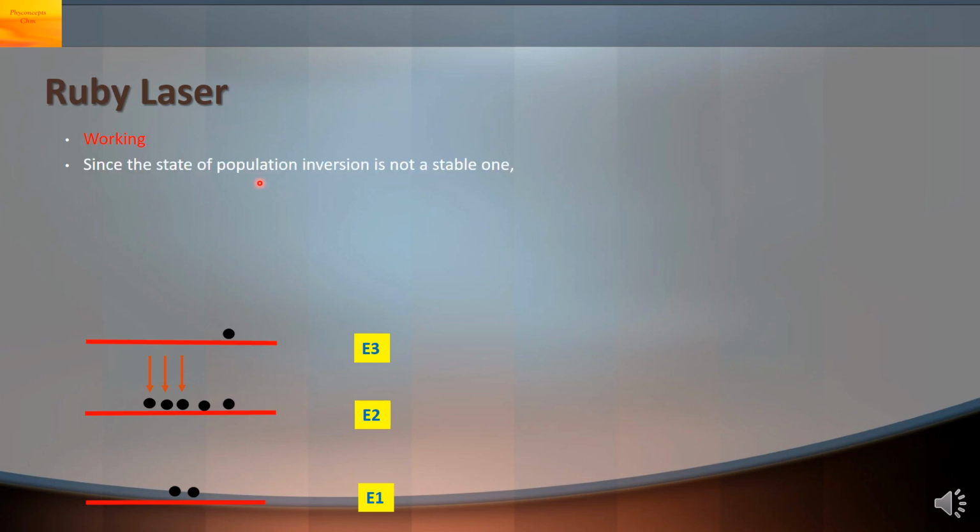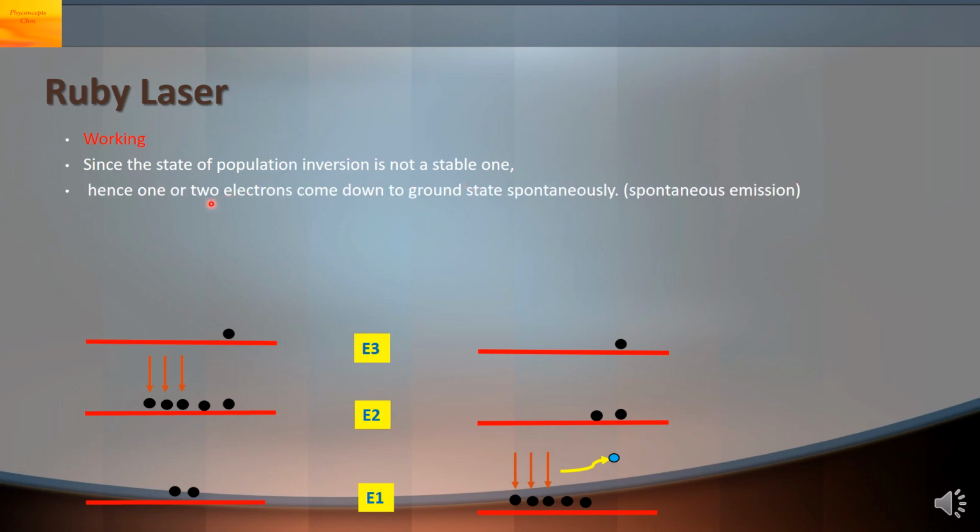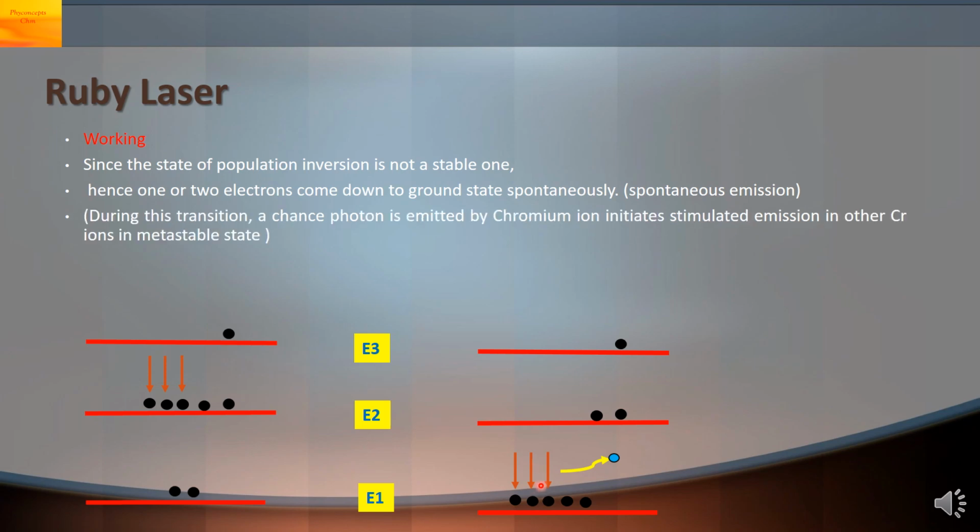Now, since the population inversion state is not a stable one, it is a non-equilibrium state, one or two electrons will come down to the ground state spontaneously, so that the process of spontaneous emission will take place, and in the process of spontaneous emission, a photon is emitted.